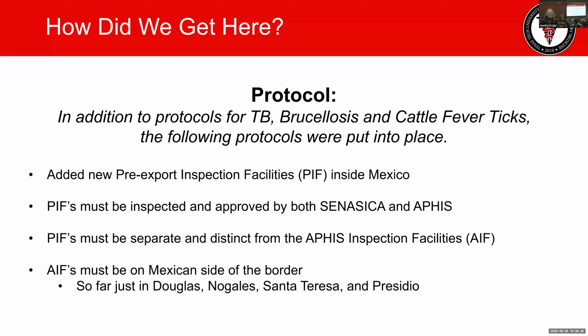So until those security issues can be established, it won't be a port of entry for some time. So when these cattle go through, before they get to the pre-inspection facility, they actually have to go through an export gathering station facility. I don't remember the exact name. They either get inspected and treated there, or it can happen at the ranch of origin, if they've got enough numbers there.